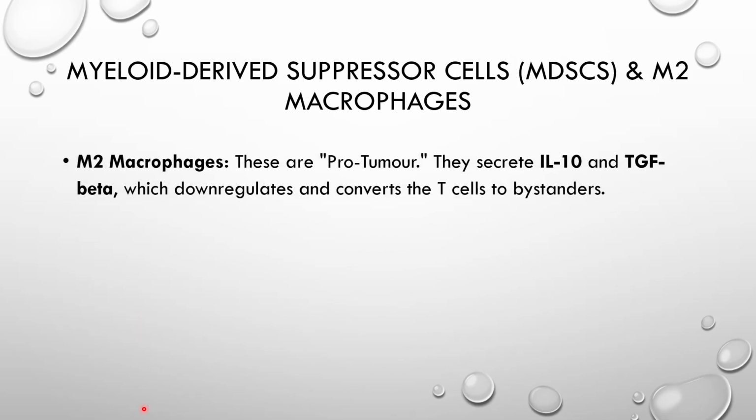And the problem is that they have a counter effect on the immune system, on the T cells. So macrophages are pro-tumor. They will secrete IL-10 and TGF-β, which downregulates the T cells and converts them into bystanders, and basically tells the T cells to stop fighting and to start resting. And it will convert the T helper cells into Tregs, which then perpetuate the situation as I've discussed previously.